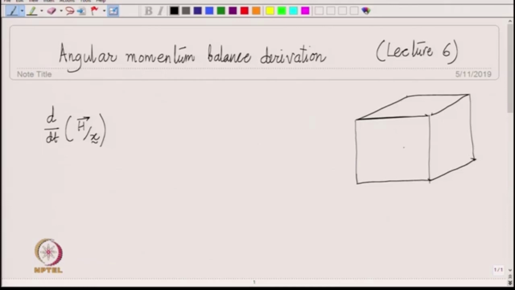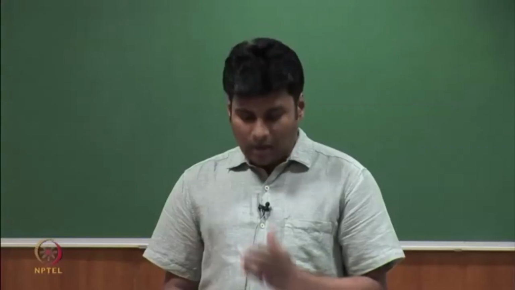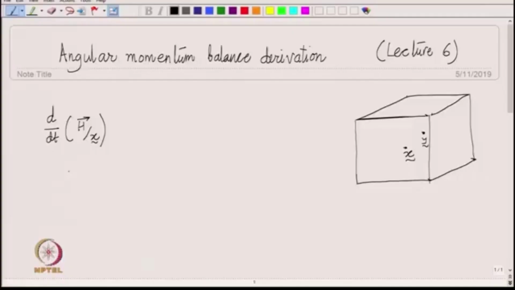So, here is the center of the cuboid x, and think of any other point y in the cuboid. What is going to be the angular momentum of the cuboid about its center? So, h about x.